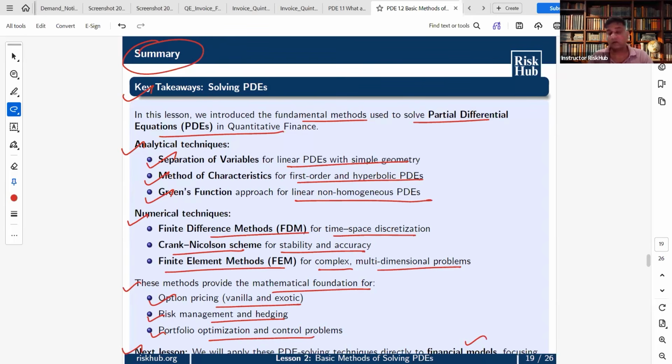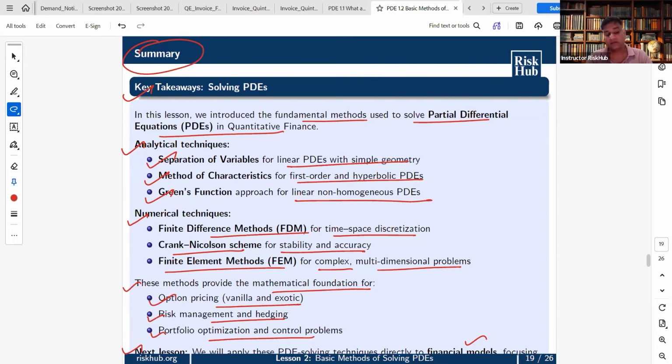That is what the aim is. So basically, the lecture summarizes the methods. We have the analytical category, in which we have separation of variables, best for linear PDEs with simple geometry. In the analytical category, we have the characteristics method, which is for first order transport PDEs. Also in the analytical category, we have Green's function, which is for linear non-homogeneous PDEs. Then we have numerical methods, which is FDM, right?